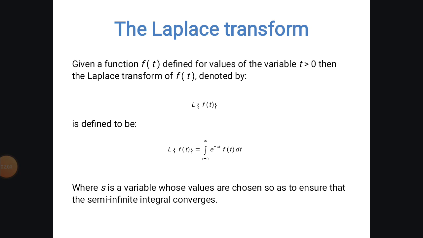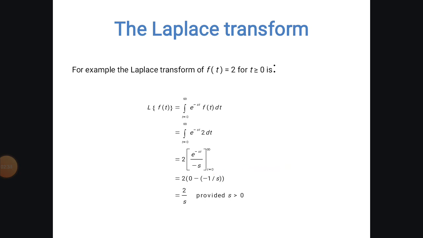That is called the Laplace transform of f of t, and is defined as: Laplace transform of f of t is equal to the integration over t from 0 to infinity of e raised to minus st into f of t dt, where s is a variable whose values are chosen so as to ensure that the semi-infinite integral converges. The integration should converge.